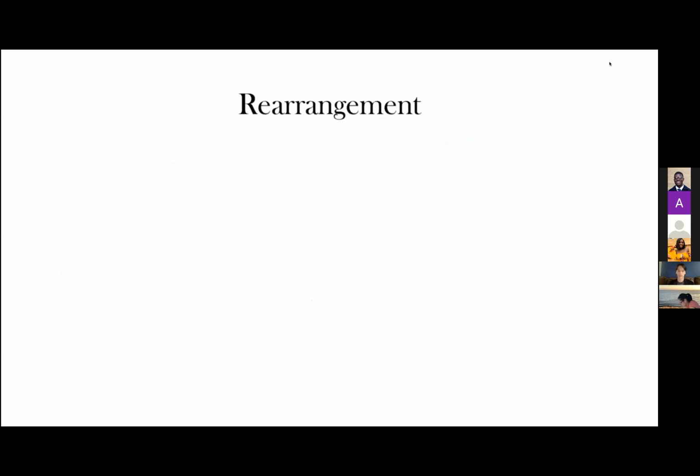So, for solvolysis reactions, rearrangements are also possible. And so we have something like this, and we get this product.